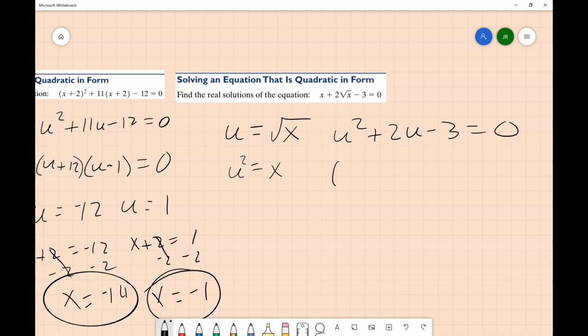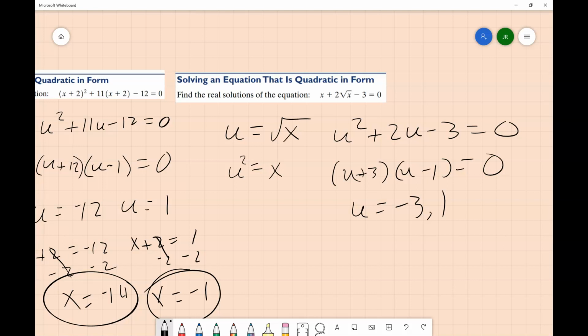And I can solve it by some simple factoring. U and u, that's going to be plus 3 and minus 1. So u is going to equal negative 3 and positive 1.